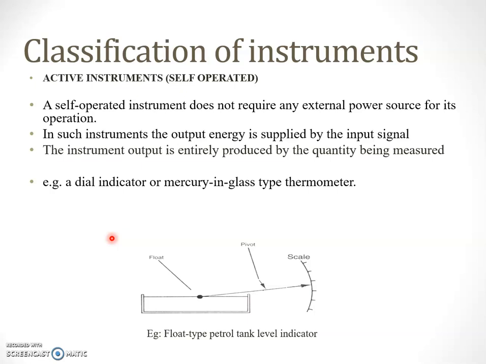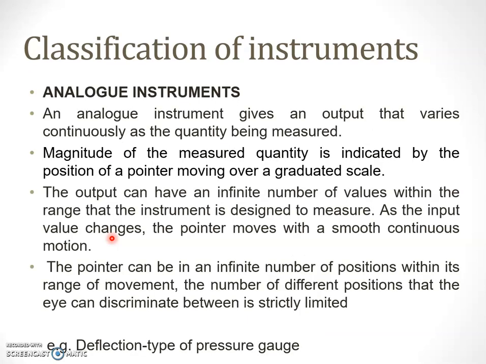A power-operated instrument requires an additional power supply, whereas a self-operated instrument does not require any power supply. Then the next classification is analog instrument and digital instrument. An analog instrument gives an output that varies continuously as the quantity being measured.